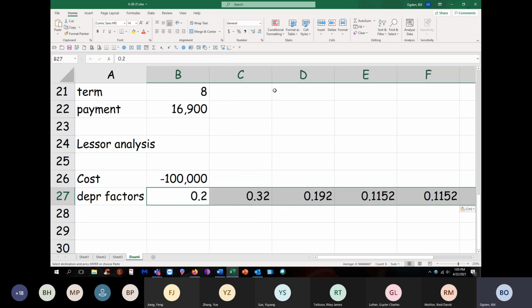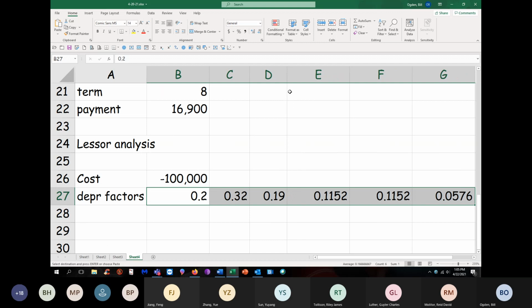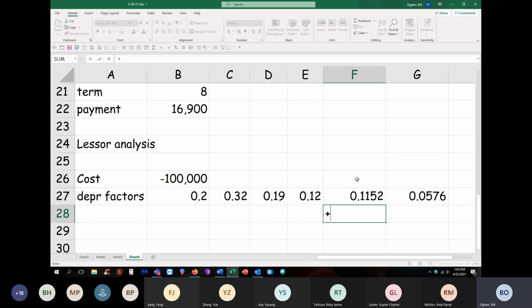All right, and I'm going to shrink up these cells a little bit so we can see all these factors. I think for maybe 10 minutes of my life, I understood exactly how they came up with these factors. Someone showed me once, and I've never done it again.